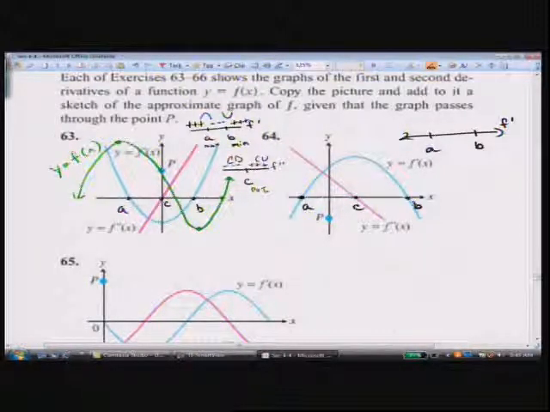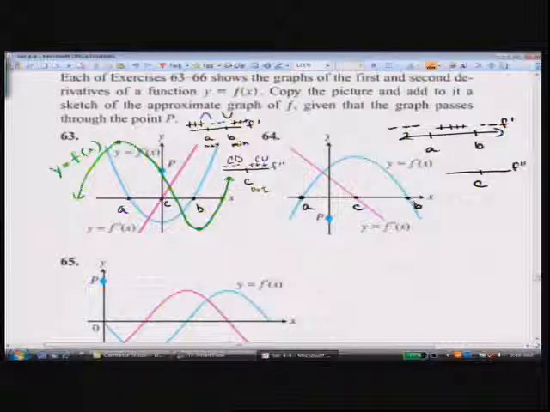Well, the original function is decreasing to the left of A because the first derivative is negative. Between A and B, the first derivative has positive y values, which means the original function will be increasing between A and B. From B to infinity, the derivative has negative y values, which means the original function will be decreasing.